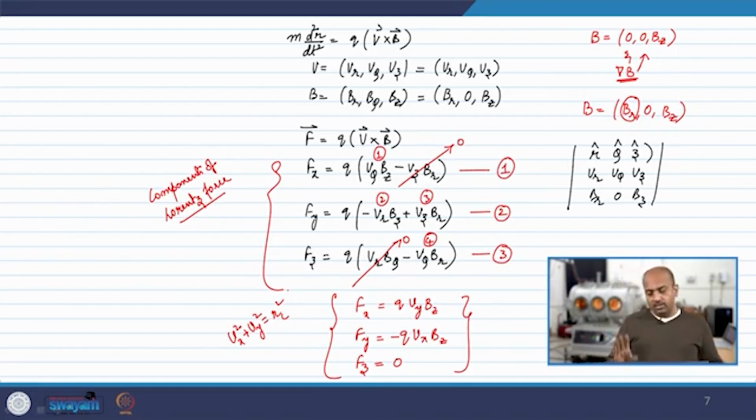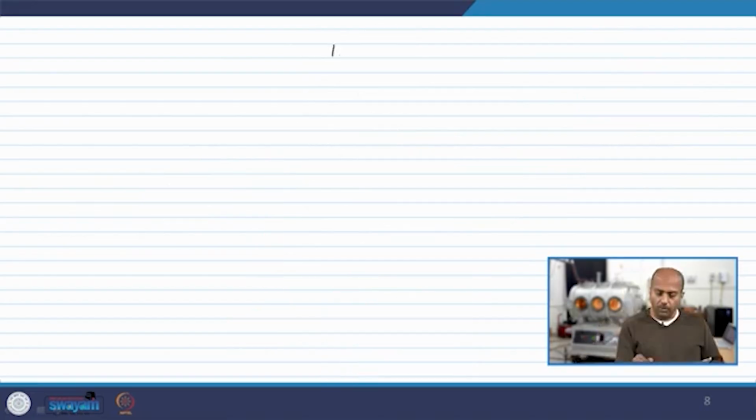Fx and Fy will still continue to give circular motion, no doubt, but Fz seems to be in the opposite direction, you see. Let us write Fz. So, Fz is equal to minus q V phi Br.